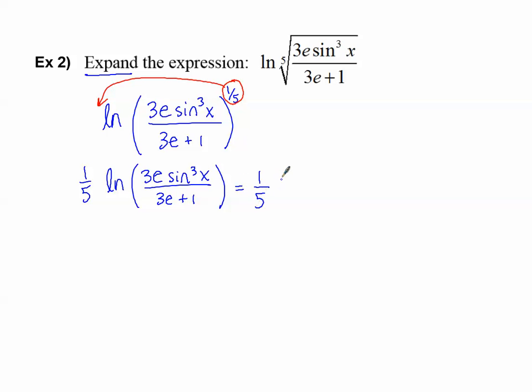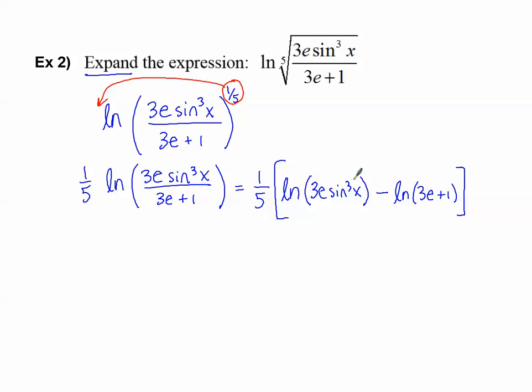So 1/5. Because I'm going to break this up into two natural logs, I'm going to need to put the big brackets because the 1/5 is times this entire expression. So the 1/5 will be multiplied to this entire expression. Numerator first, 3e sine cubed x minus, because of the division, natural log of 3e plus 1.